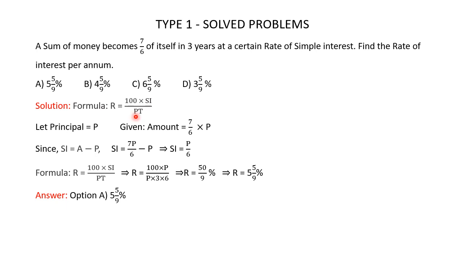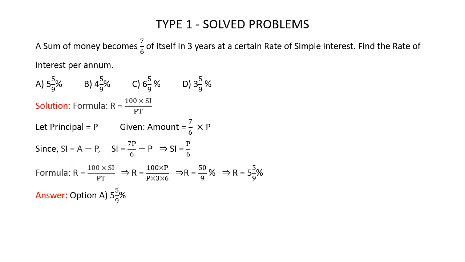So let's assume that the principal is P, and then first let's find out what is the simple interest. It's given that the principal becomes 7/6 of itself in 3 years. So amount is equal to 7 by 6 multiplied by P. Now we know that simple interest is equal to amount minus principal.